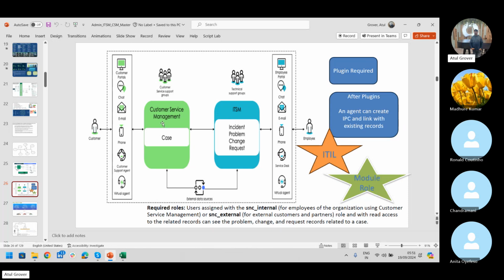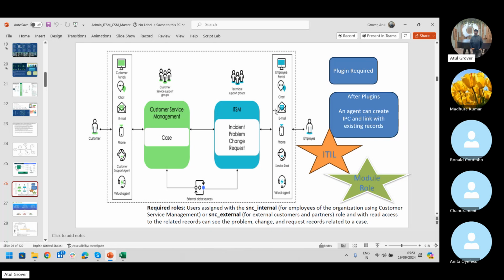The purpose is to provide better services to the customers or consumers in different ways. For ITSM, the purpose is to provide better service to the end users of the internal IT people.